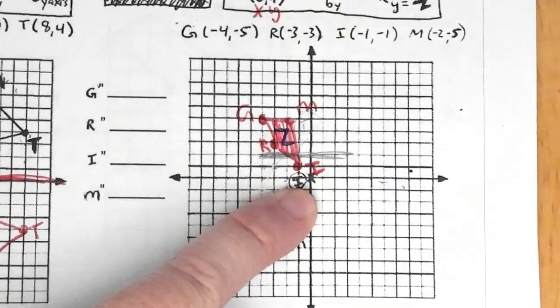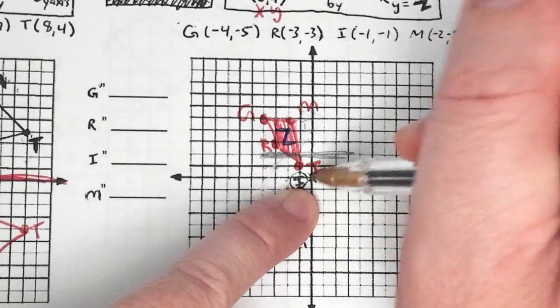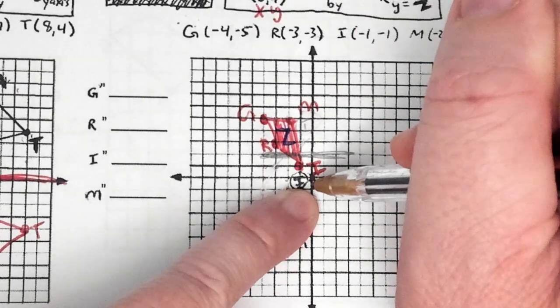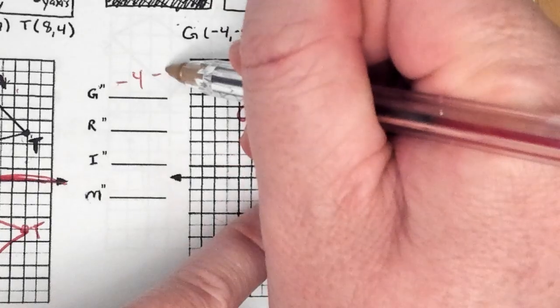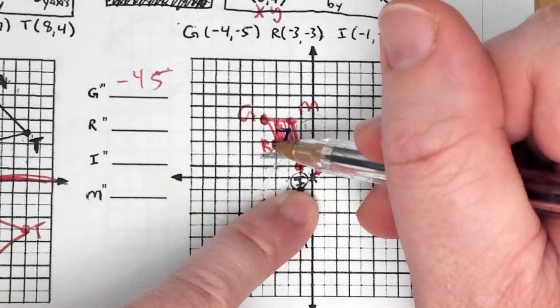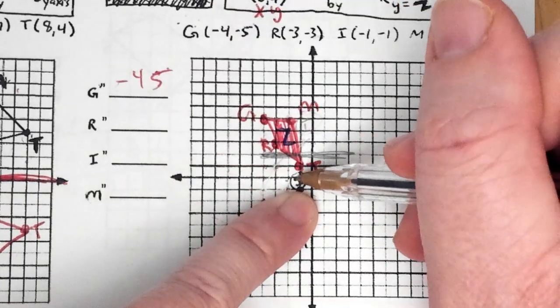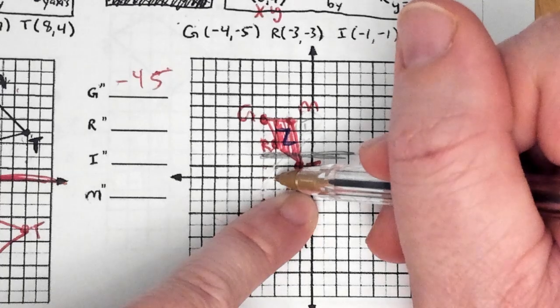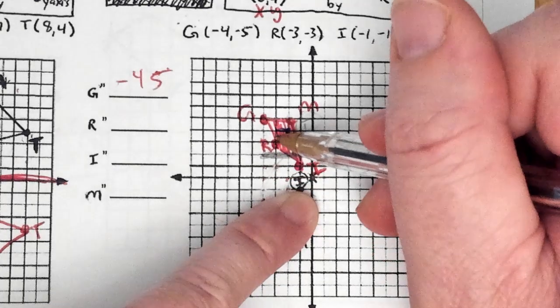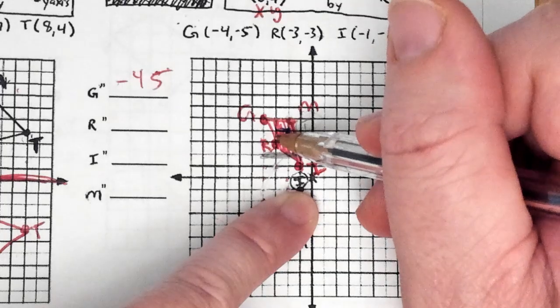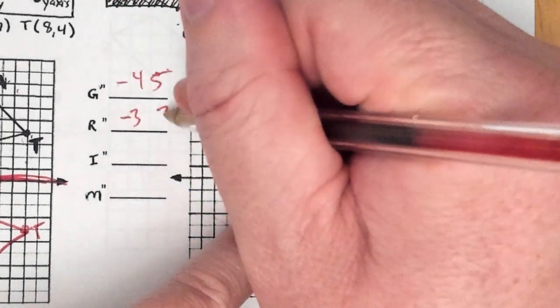Where is each coordinate? The G, that is -4, +5. Your R, that is -1, 2, 3. So -3, +1, 2, 3. So -3, +3.